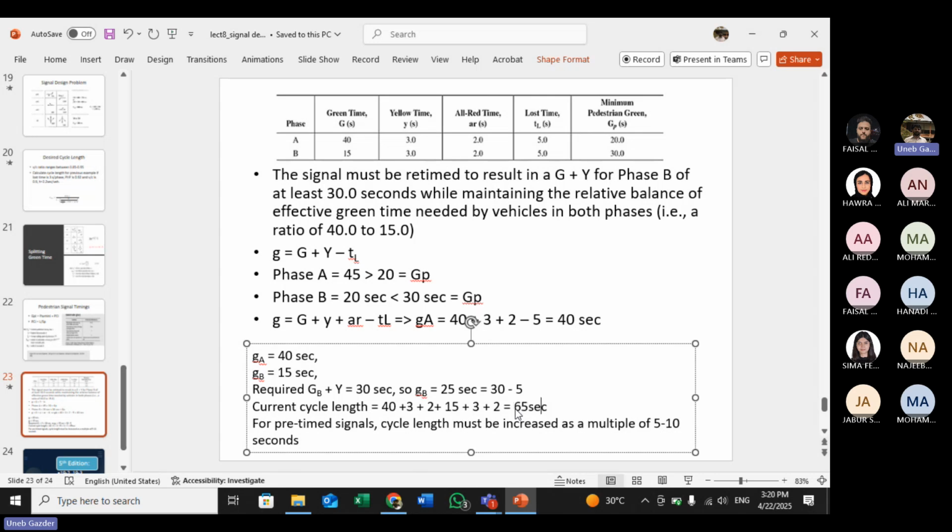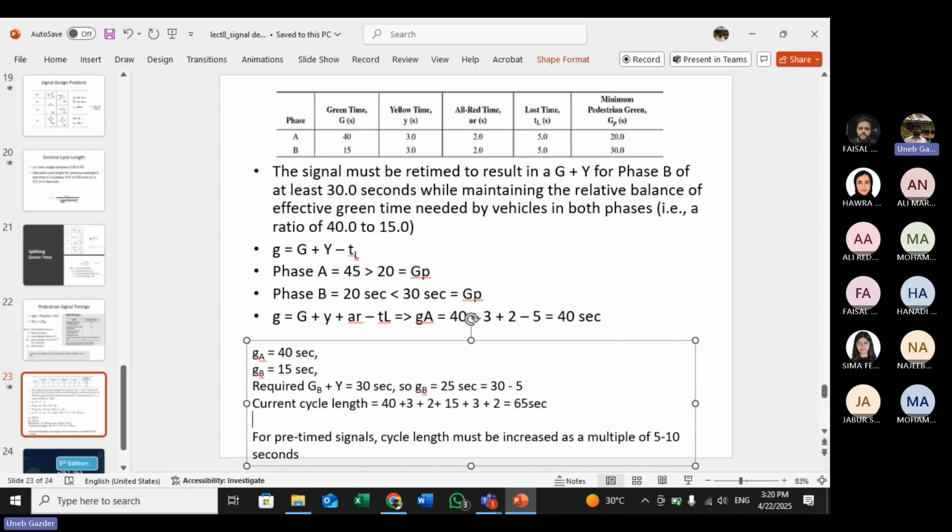Now I will recalculate my cycle length using the new timing of phase B. Remember, I was taking here the old time of phase B. So now I'll take the new time of phase B to recalculate the cycle length. I will call it Cn, the new cycle length.